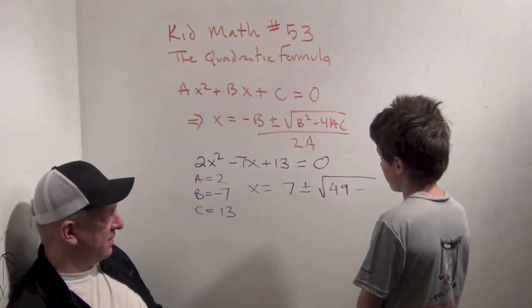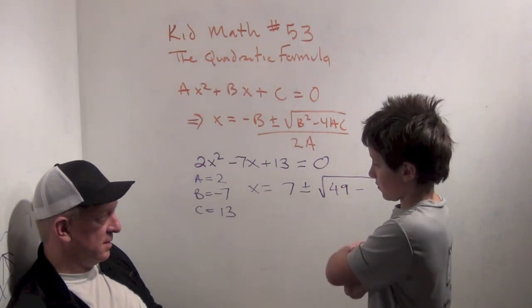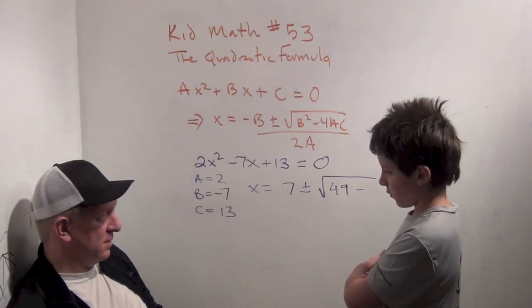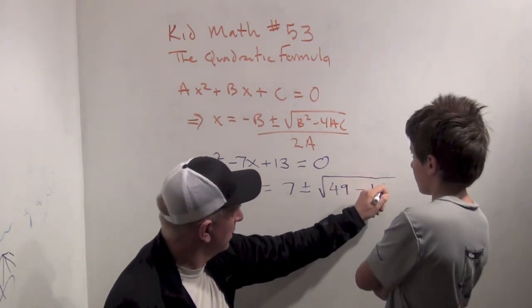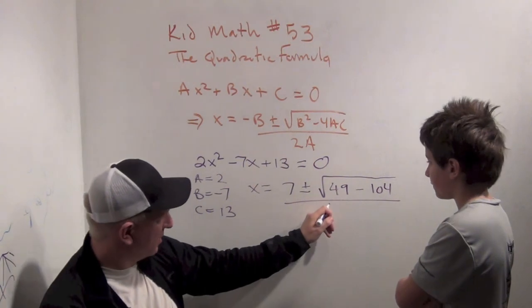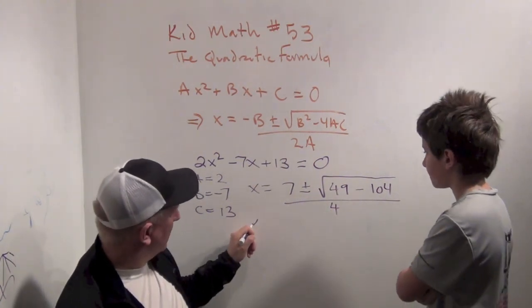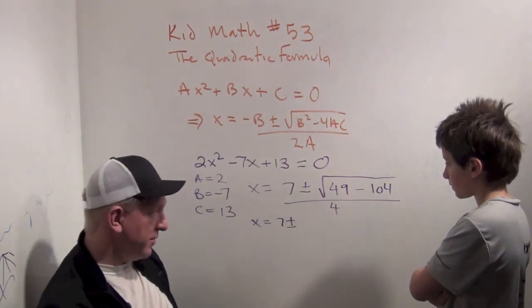Okay, and what's that? Well, 4 times 26 is 104. So 49 minus 104, over the whole thing divided by 4. Okay, so we get x equals 7 plus or minus what now? 49 minus 104. What's that?